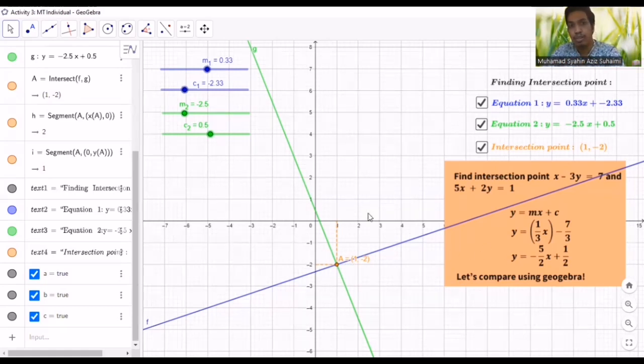So I will give you this GeoGebra file for you to play with and to understand the intersection point. Or if you want to do other questions about the intersection point, you can use this to confirm the answer of your intersection point.